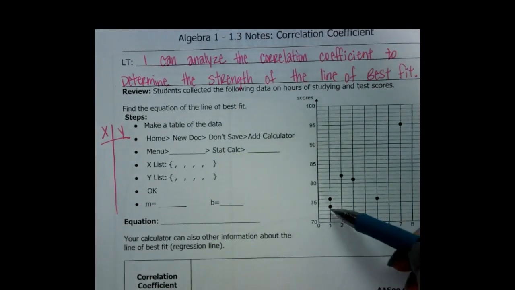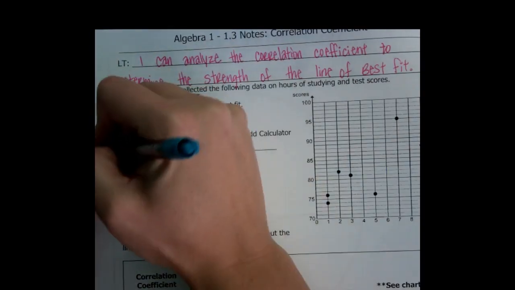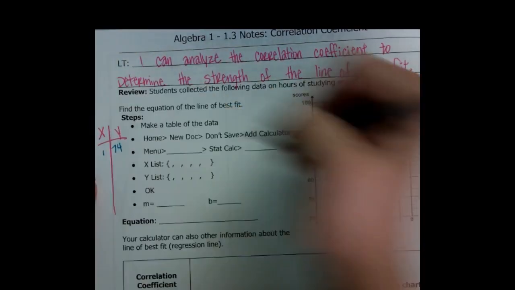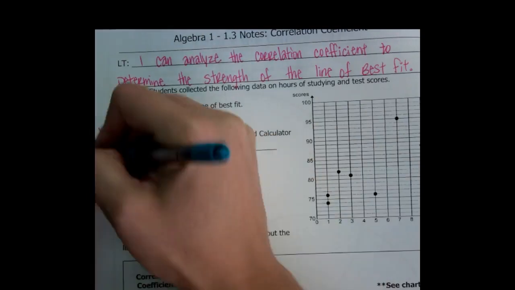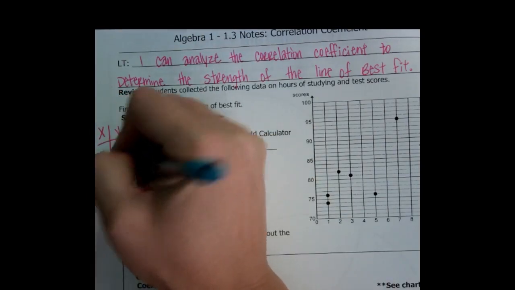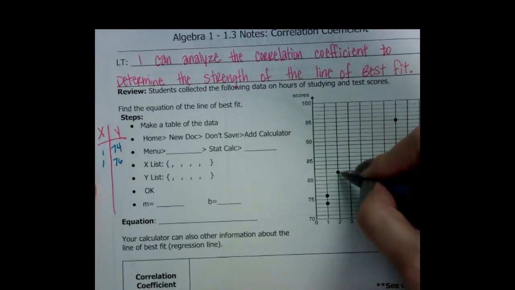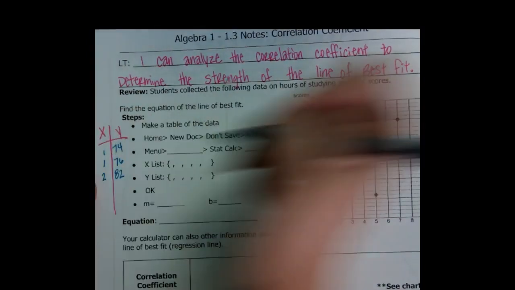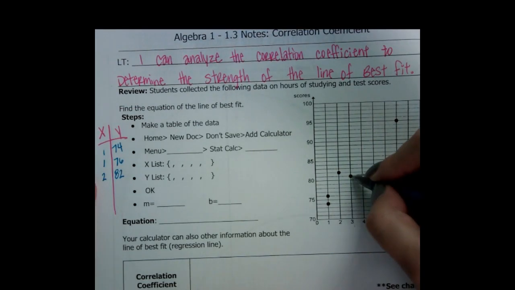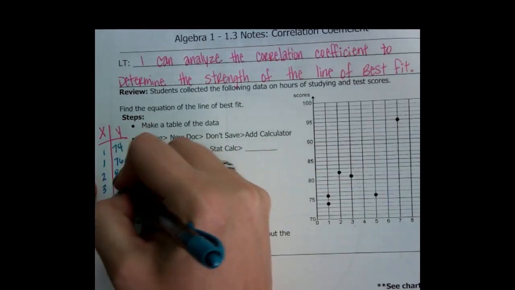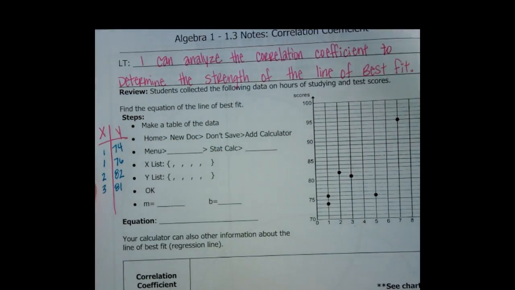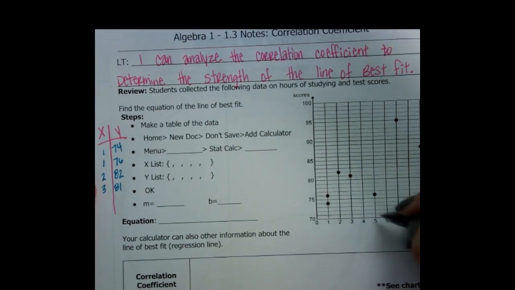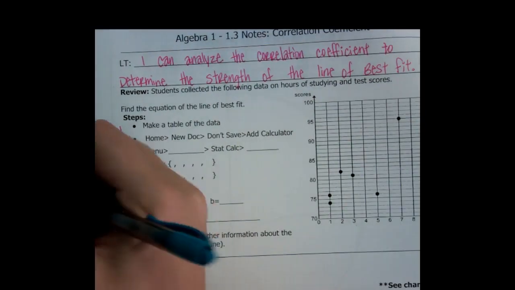So this first point here is 1, 74, and then 1, 76, 2, 82, 3, 81. There's nothing for 4, 5, 76.